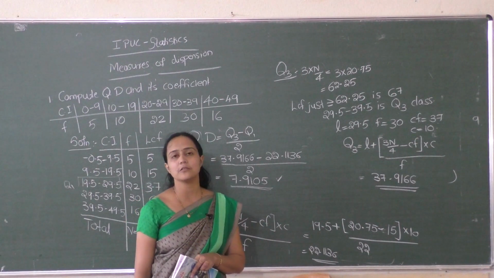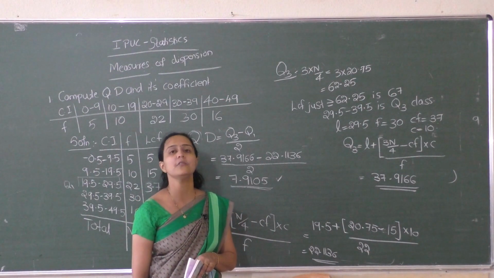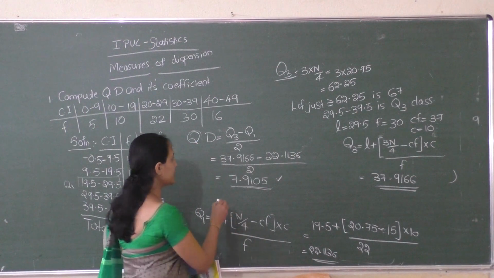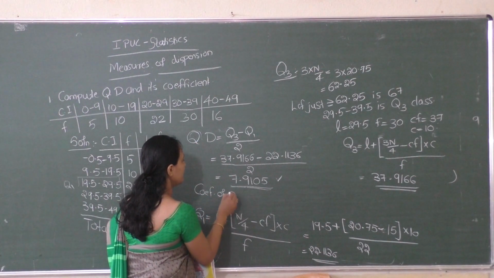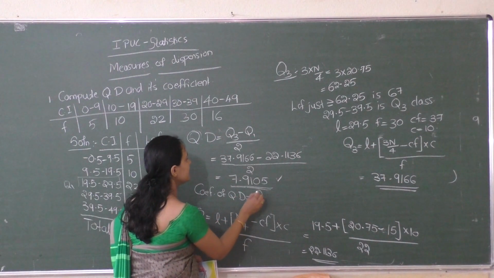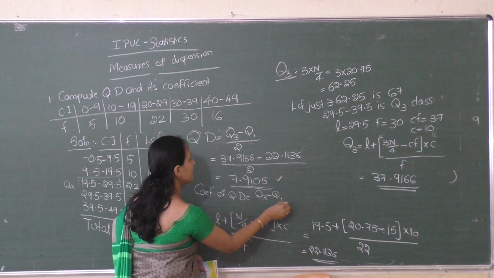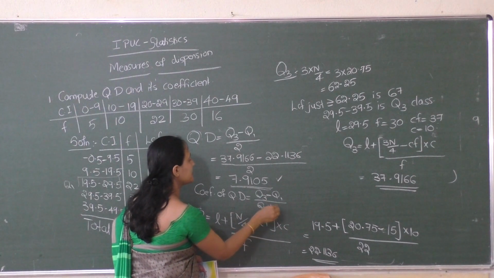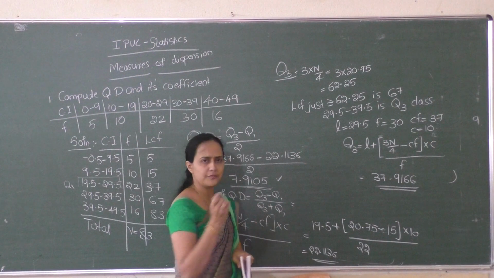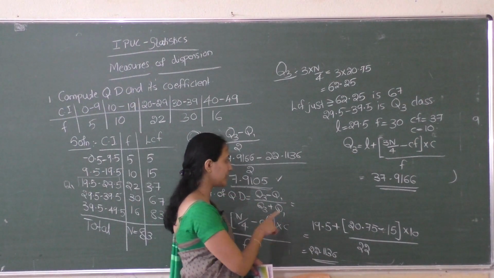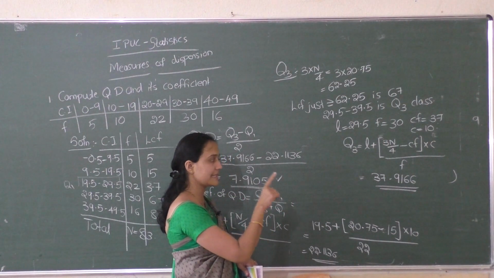Next one more we have to find, which one? Coefficient of QD. So coefficient of QD is Q3 minus Q1 divided by Q3 plus Q1. Again, just apply the formula. We found Q1 and Q3 already. Q3 is 37.9166.